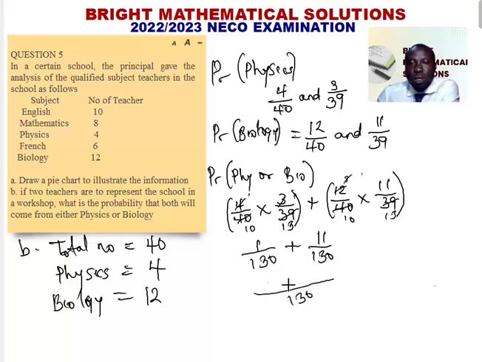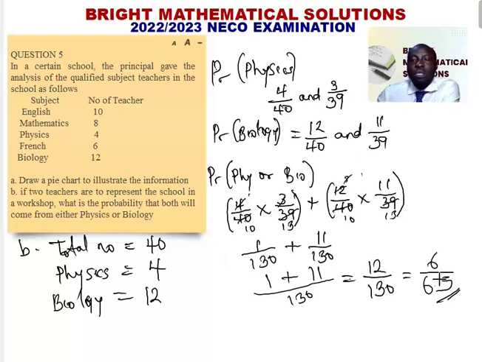That gives us 130. So this is 1 plus 11. So that gives us 12/130. So 2 goes here, that's 6, and 2 goes here, that's 65. So the probability of either physics or biology is 6/65. So that is the solution to question number 5.